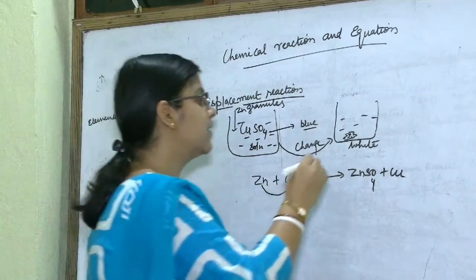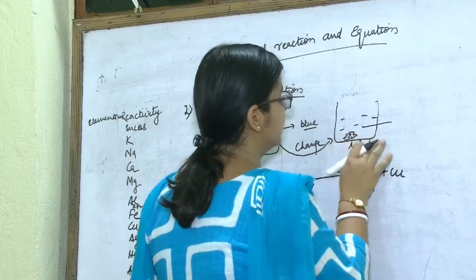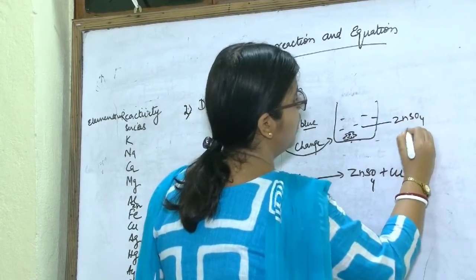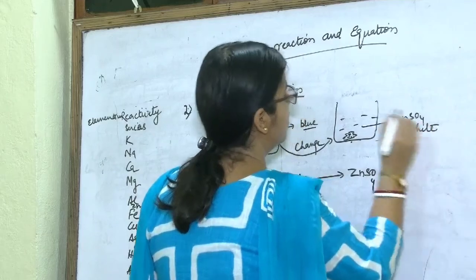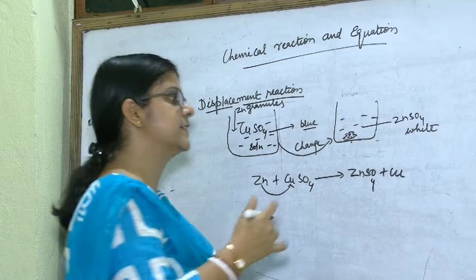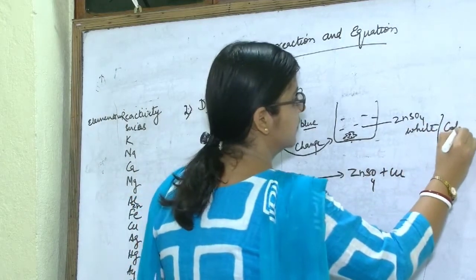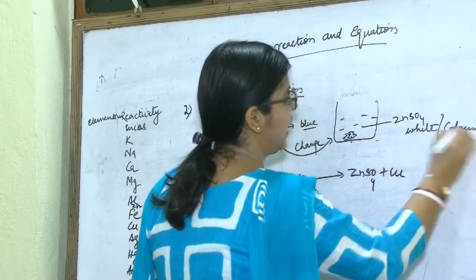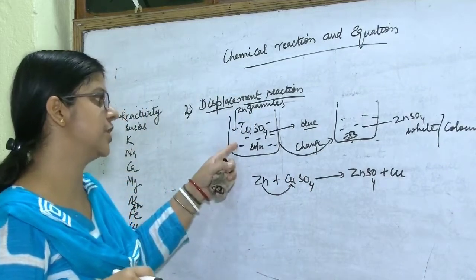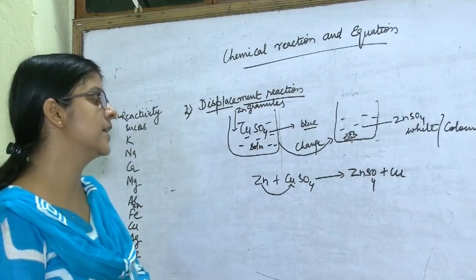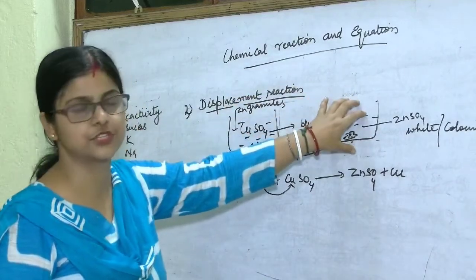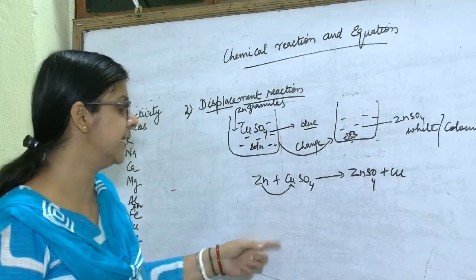Now, the color of zinc sulfate is white. So the color of the solution changes to white, or you can say colorless. After adding zinc granules to copper sulfate solution, you will see that the blue color will change to a colorless solution. Why is it changing?